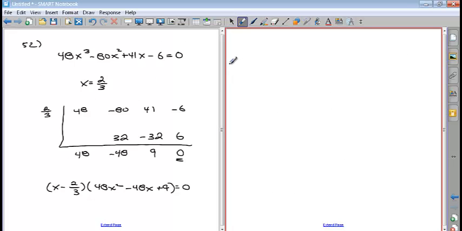So the question would be, how can we figure that out? You can factor out a 3. So let's do that. So you get 16x squared minus 16x plus 3.